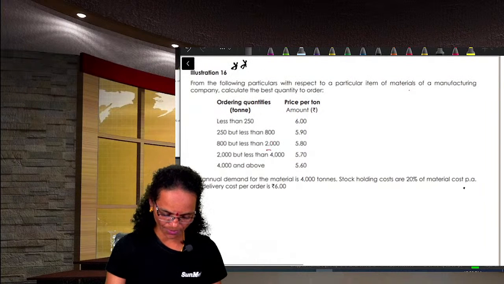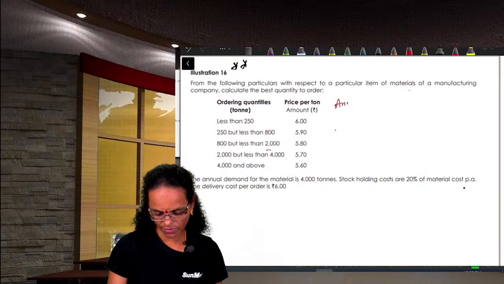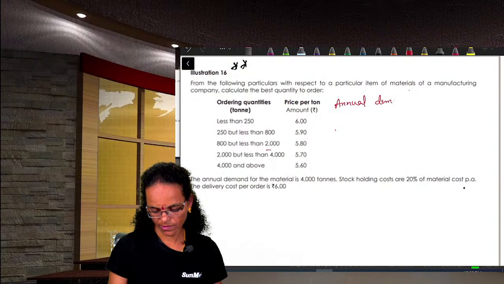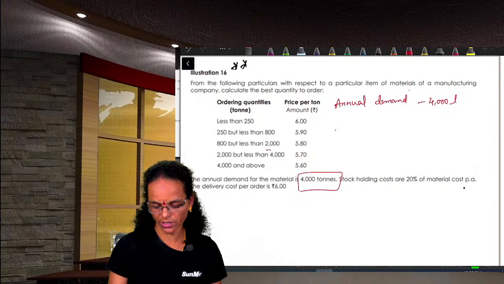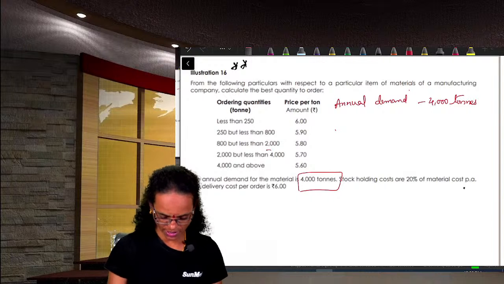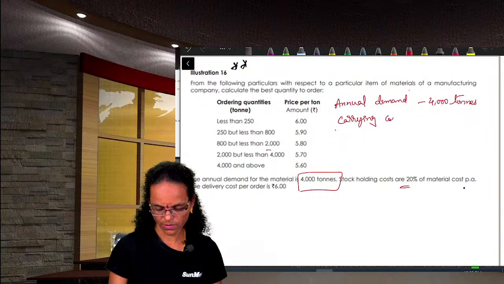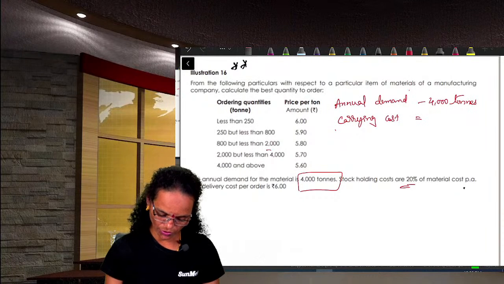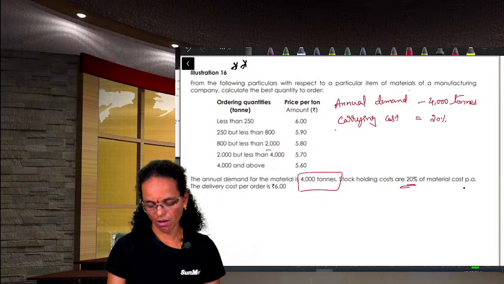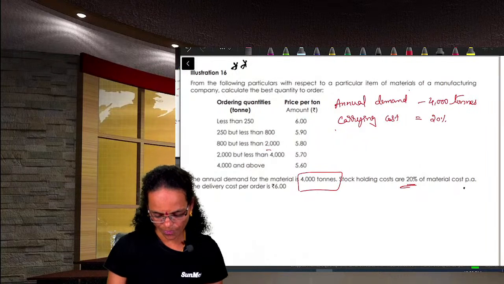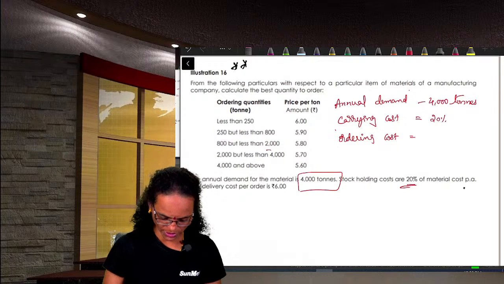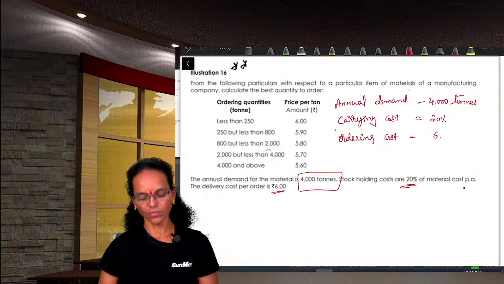So I can say here annual demand we have 4000 units, and carrying cost 20% on your purchase cost, and ordering cost is 6 rupees per order, right?